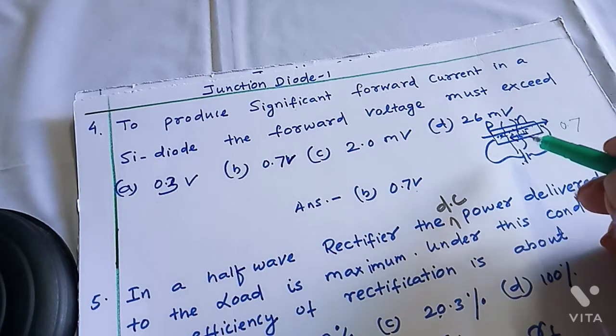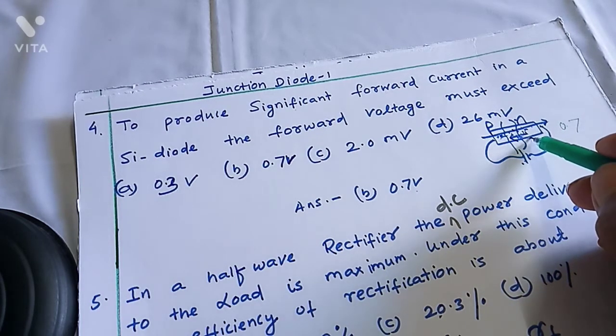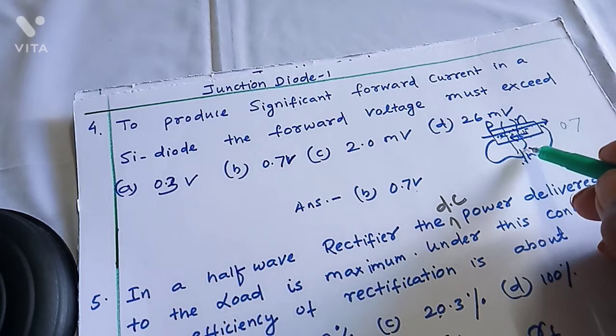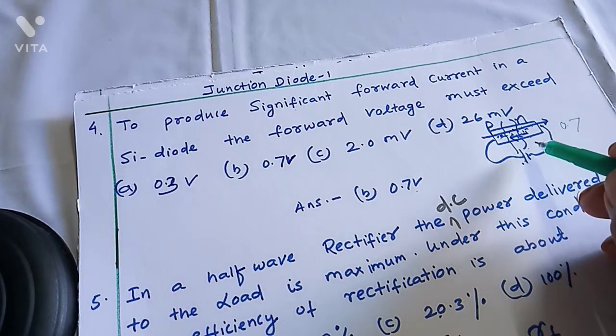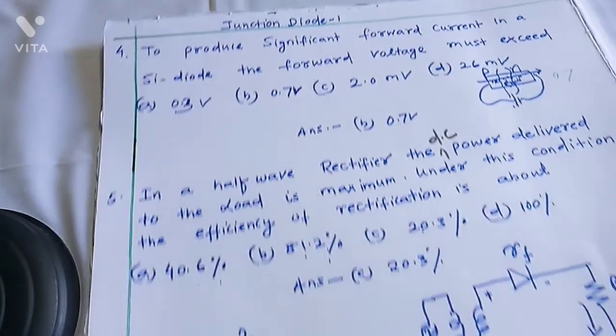So for a germanium diode it is 0.3 volt, and for a silicon diode it is 0.7 volt. If the potential difference exceeds 0.7 volt, the forward current flows.